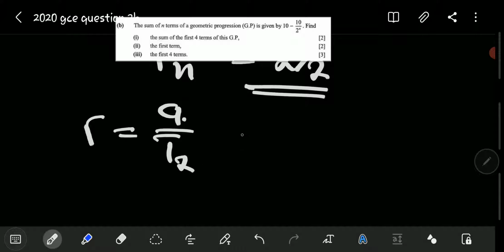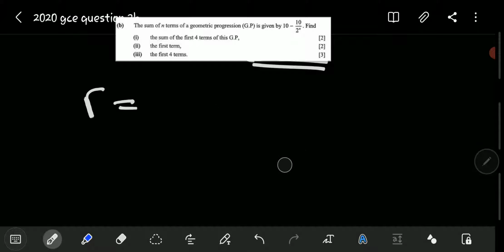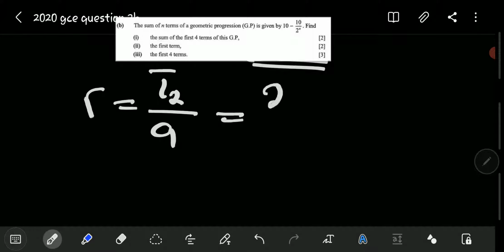The first term is 5, the second term is 2 1 over 2. So no, sorry. The ratio is the second term over the first term. So the second term is 2 1 over 2 over the first term, which is 5.